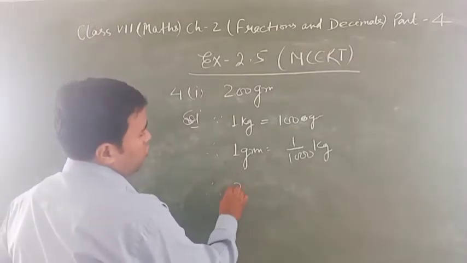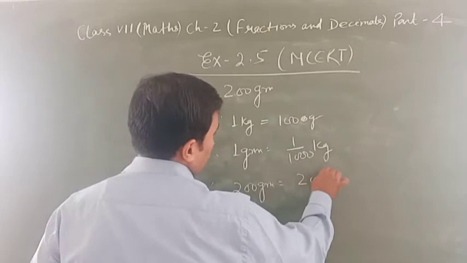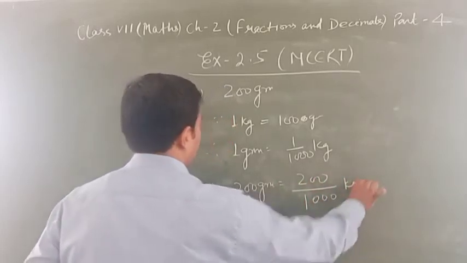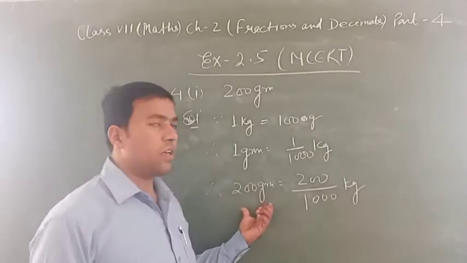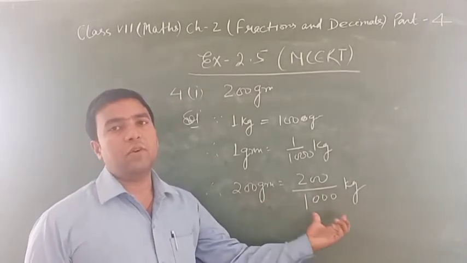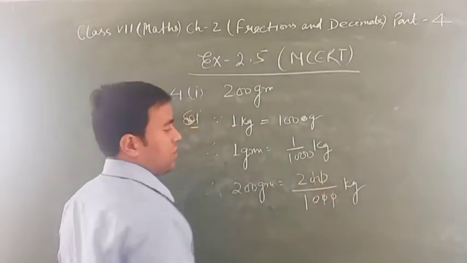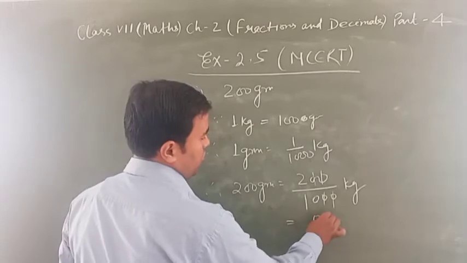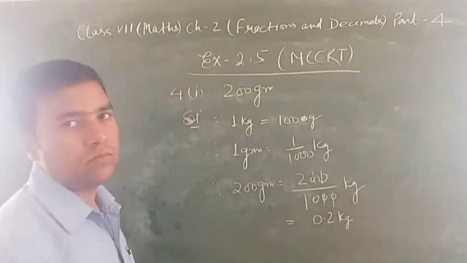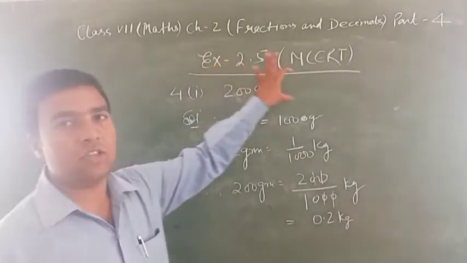Therefore 200 gram means 200 by 1000 kilogram. If you want to change gram into kilogram, you will divide by 1000. The zeros cancel, which means 0.2 kilogram is the answer.